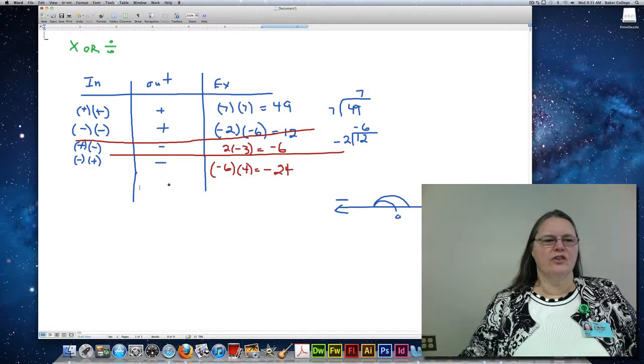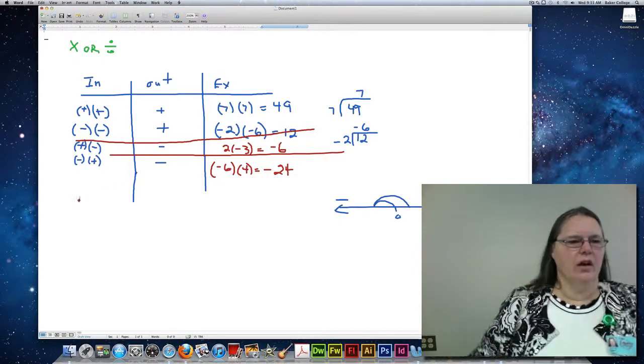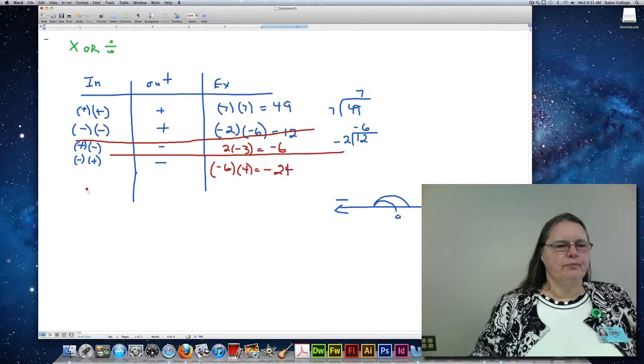Now let's look at a rule that'll help you besides the chart.